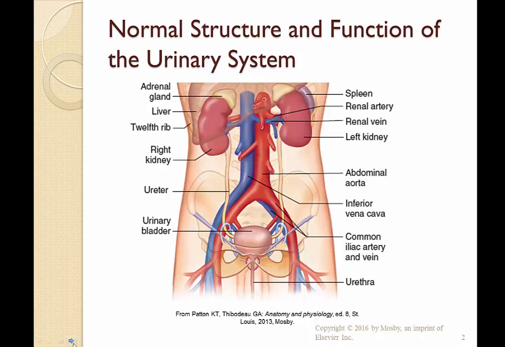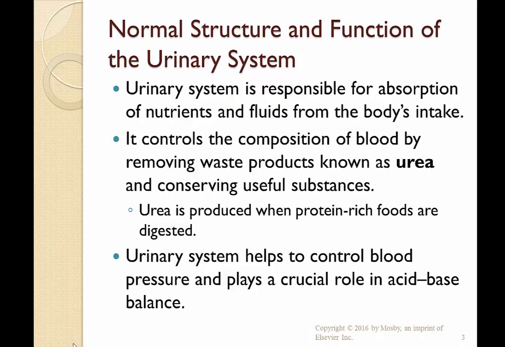effective elimination of liquid waste requires proper functioning of all the organs that encompass the urinary tract, and this includes the kidneys, the ureters, the bladder, the urethra, as well as the muscles of the pelvic floor. So the urinary system is responsible for the absorption of nutrients and fluids that we take within our body.